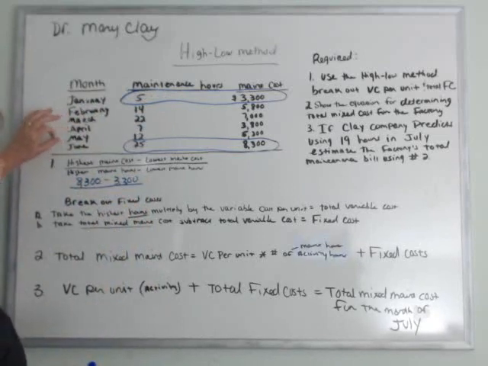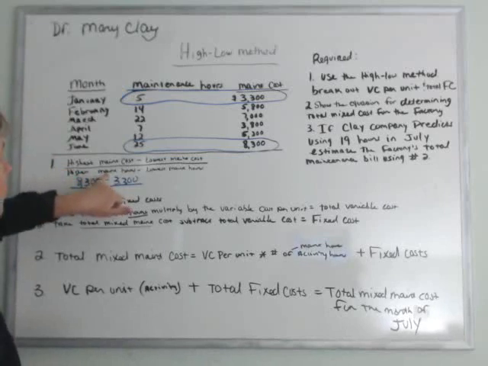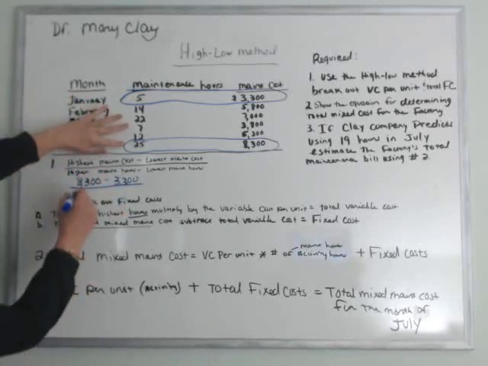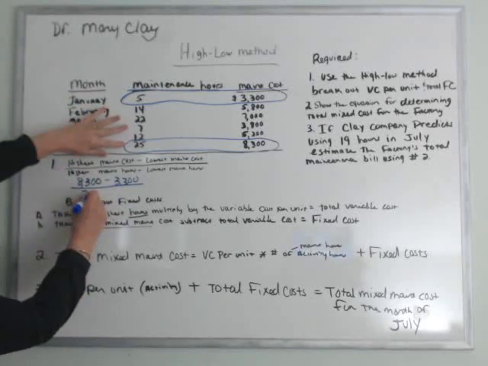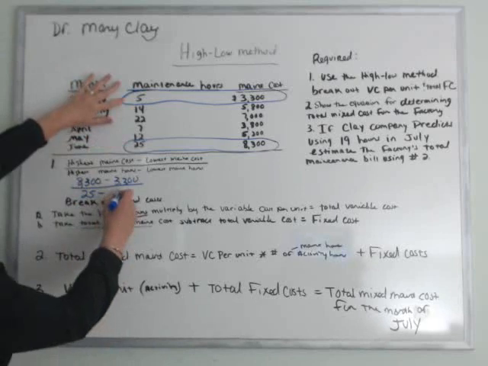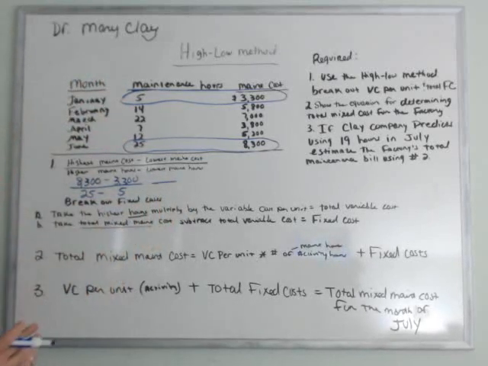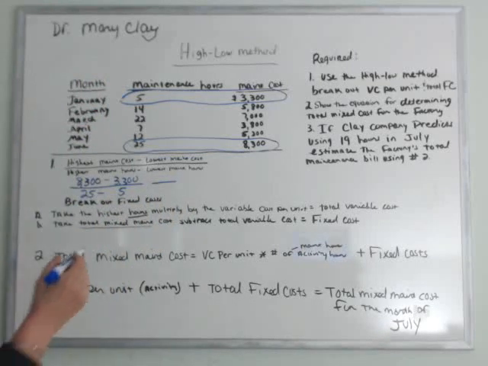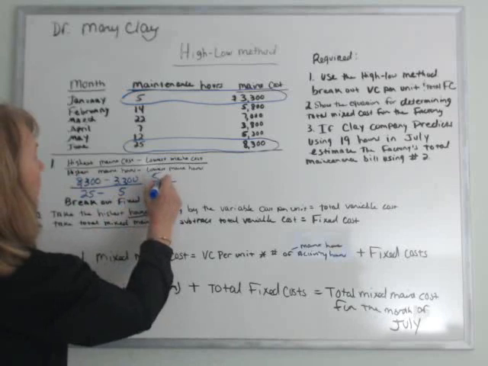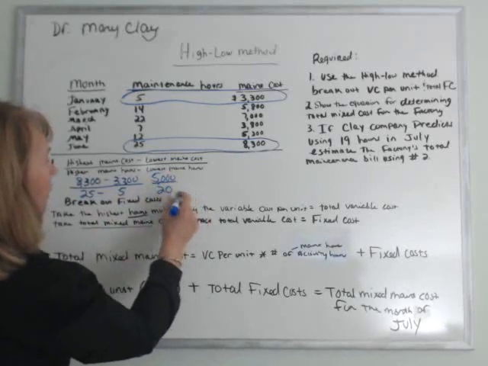Our denominator is going to be the highest activity, in this case maintenance hours. So the highest activity is going to be 25, and the lowest activity is going to be 5. We're just going to do out the math. So our numerator is going to be 5,000, and our denominator is going to be 20.